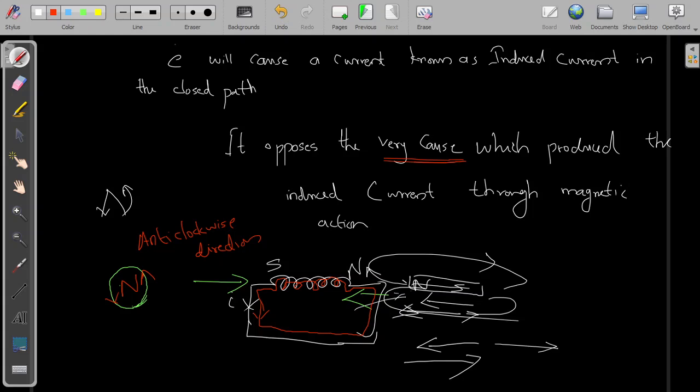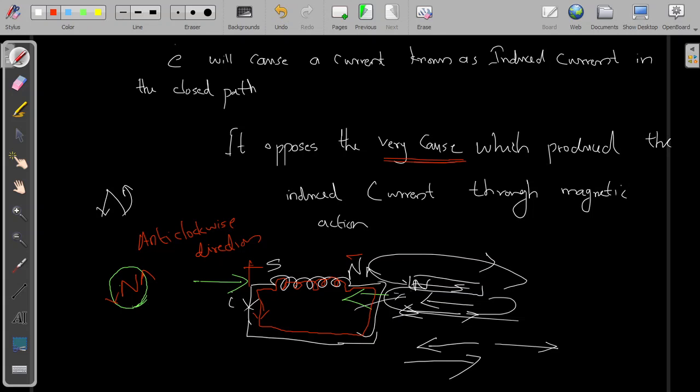So with this direction of current, the polarity of induced EMF must be positive here and negative here, right? So that current is always flowing from higher potential to lower potential in this way. Okay, this is what Lenz said in his law.